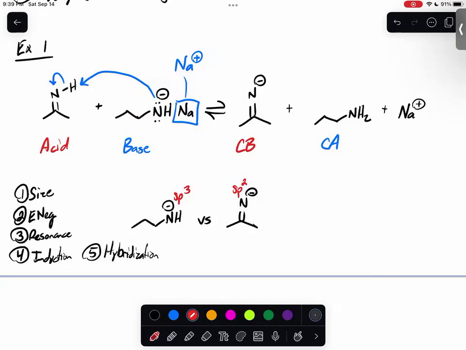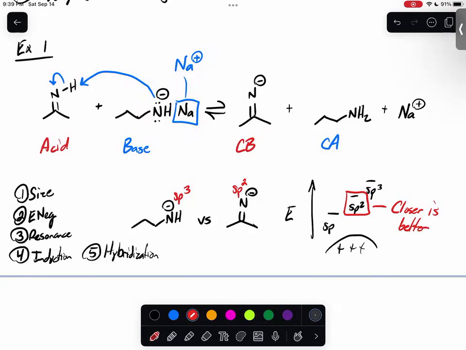And as we've seen in the past, if I draw a very small version of this diagram, and as we said in the last lecture, the closer to the nucleus is better. And so if we're asking which one's better in terms of being more stable, it would have to be the one that's sp2, right? Because closer is better.